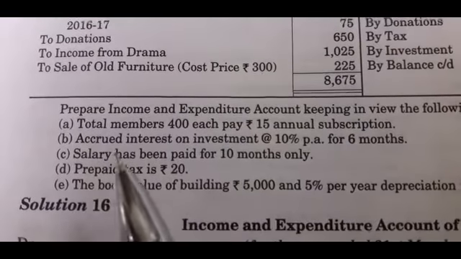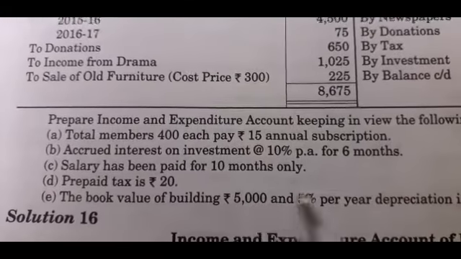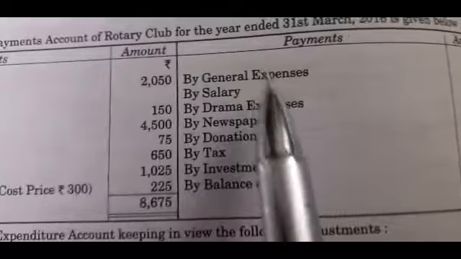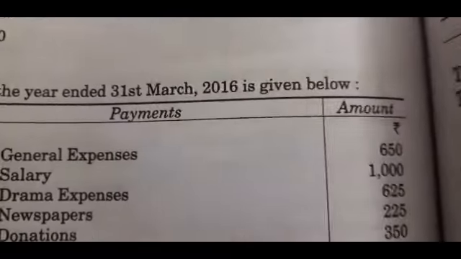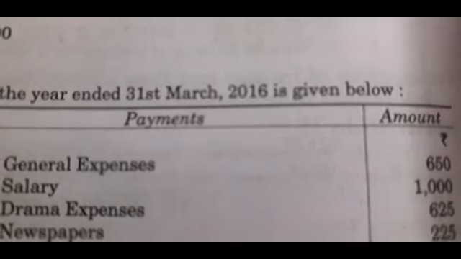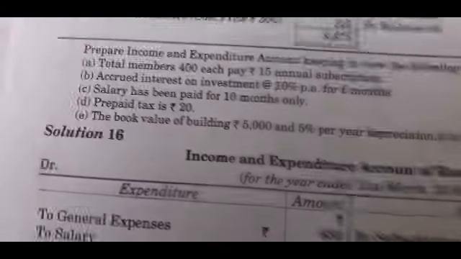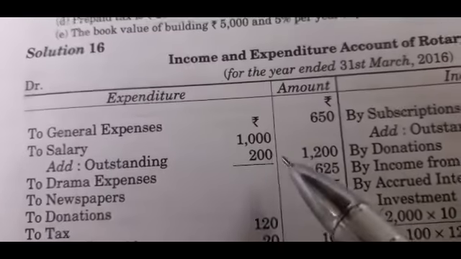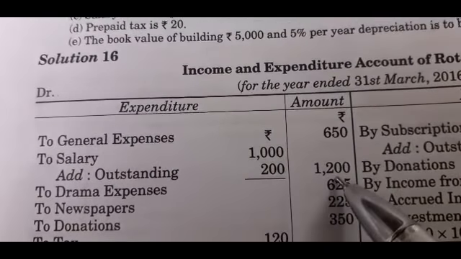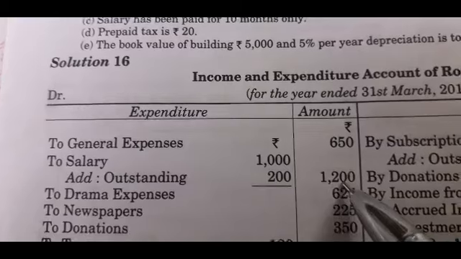Adjustment number 3 is salary has been paid for 10 months only. That means this salary is for only 10 months. So 2 months salary is outstanding. So to salary 1000 plus outstanding 200. Total salary for the year is 1200 rupees.